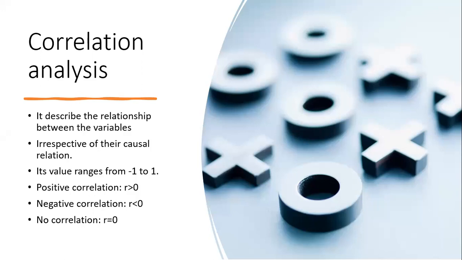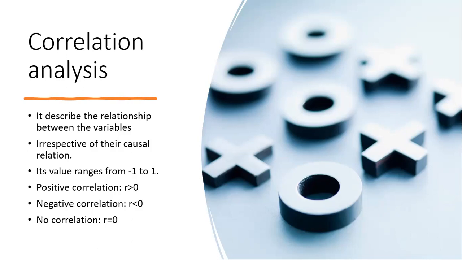Correlation analysis does not explain causal relationship between the variables. Remember, this analysis explains only the relationship between the variables, and relationship means whether the pair of the variable has positive relationship, negative relationship, or no relationship.